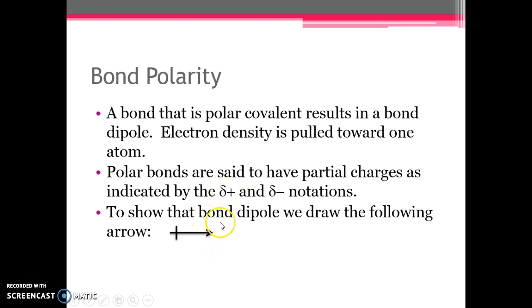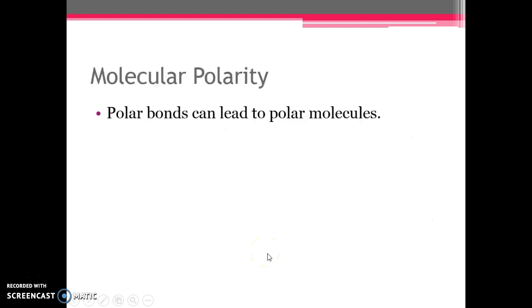And then the arrow is pointed in the direction of the more electronegative atom because that's where the electron density is being pulled. It's concentrated more towards one atom than it is another. So that can lead into having polar molecules. It doesn't have to, but it can lead into polar molecules.